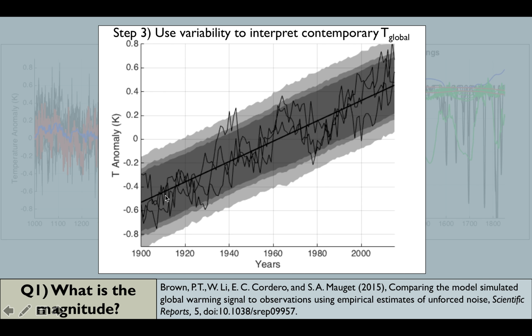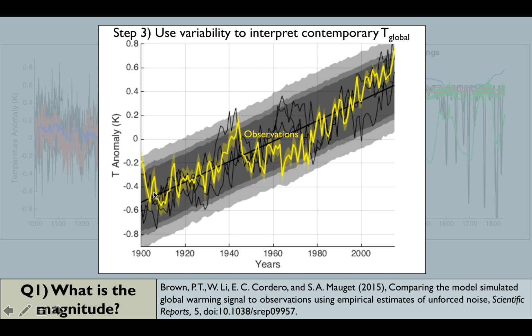And this is useful because we can do things like take this envelope of unforced variability, tilt it upward from 1900 to 2015, and then use this to give us context for the observations that we saw over that time period. So we can throw in observations in here, and something that stands out is that the way I've set this up, essentially the forced component of variability would be the black line.